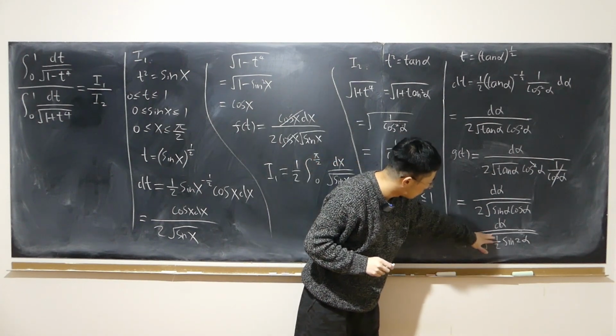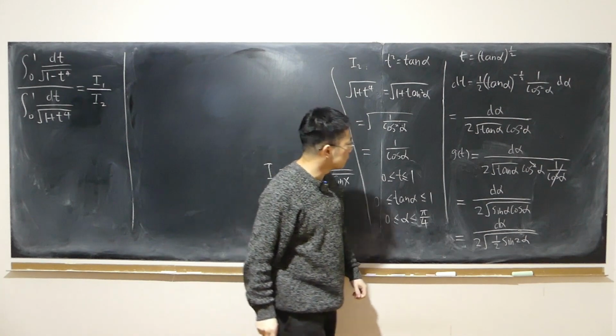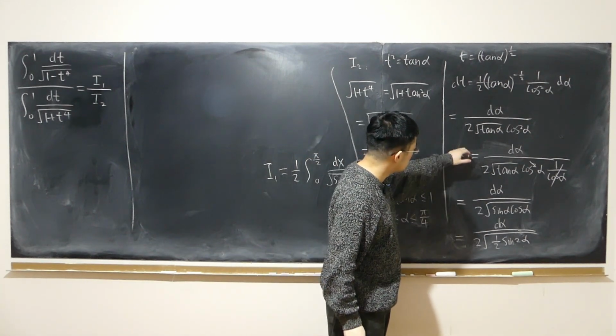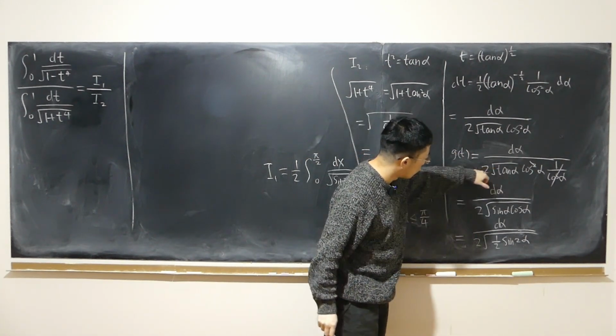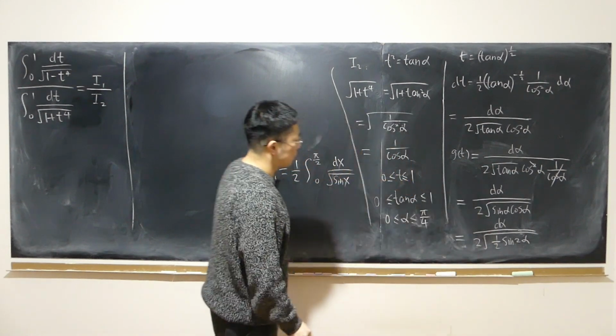The half just cancels out. So this is my integrand for the second integral, g of t substituted with alpha. It turns out to be this expression.